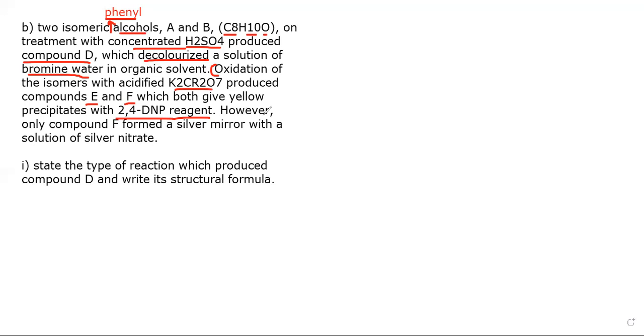It says, however, only compound F formed a silver mirror with a solution of silver nitrate. Now we know that the silver mirror test is used to distinguish between aldehydes and ketones, and it is the aldehyde that will form the silver mirror.